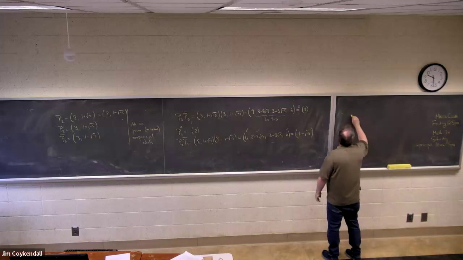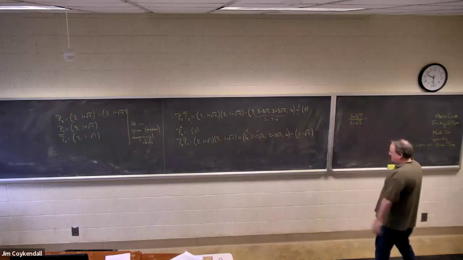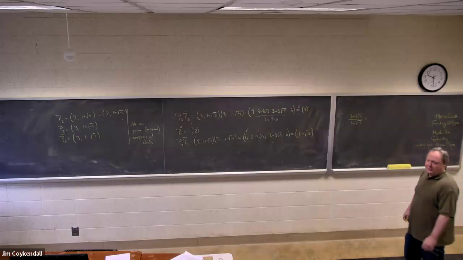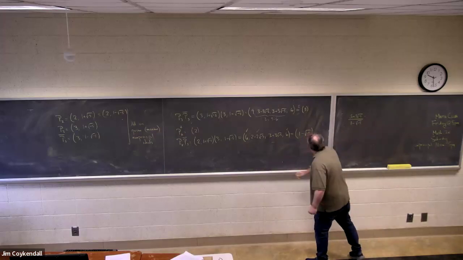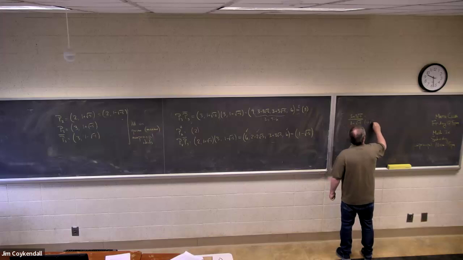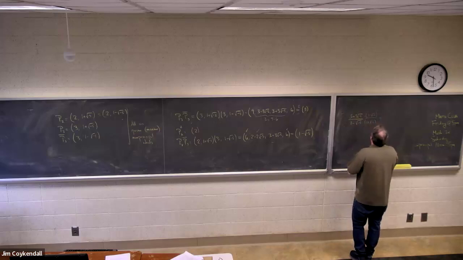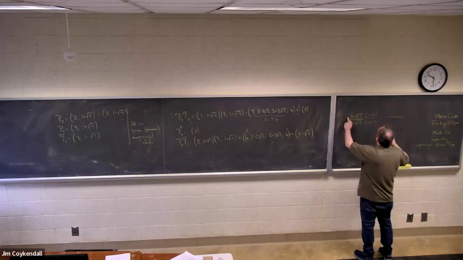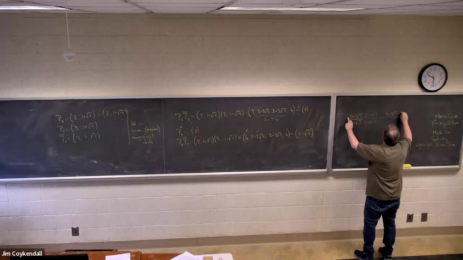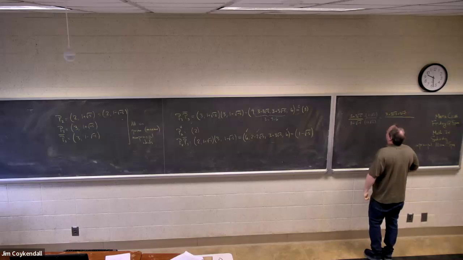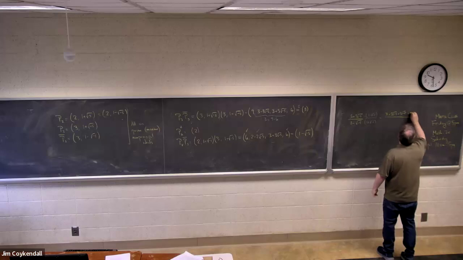See, you never thought that all this conjugation stuff was coming in handy, but I can multiply top and bottom by the conjugate, and this is going to equal something crazy. 3 plus 3 radical negative 5 plus 3 radical negative 5, and then it's going to be like minus 15.